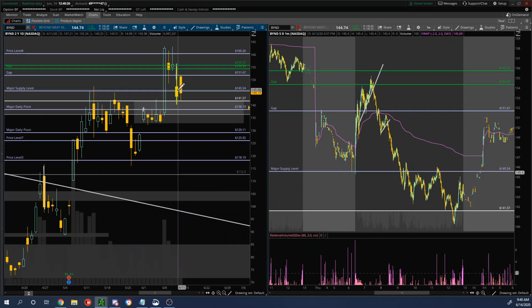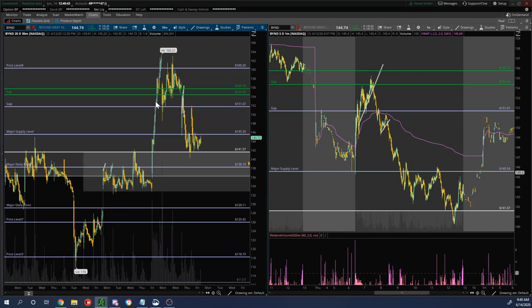And what I noticed on this day was that we were opening right here underneath the gaps. And so what that does is it turns the sentiment into a short. And so you also have, like I told you guys, these buyers up here that have been buying Beyond for the last 2 days, thinking it's going to the moon, that are now all underwater.